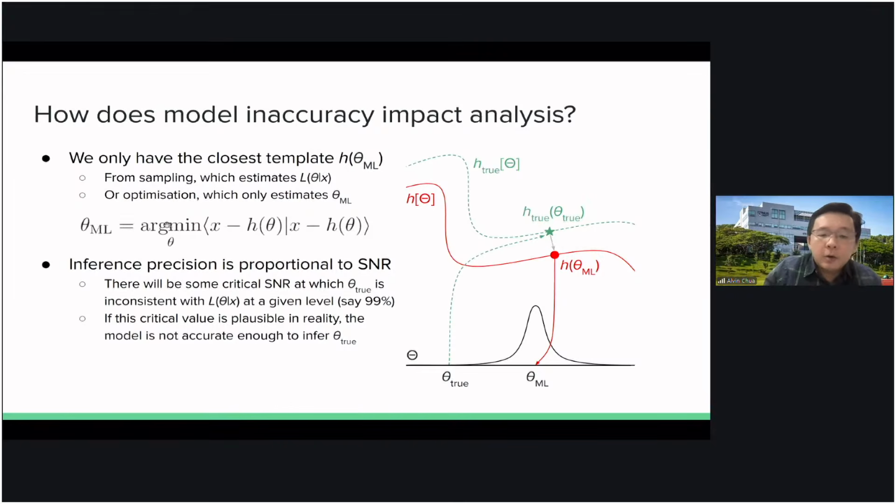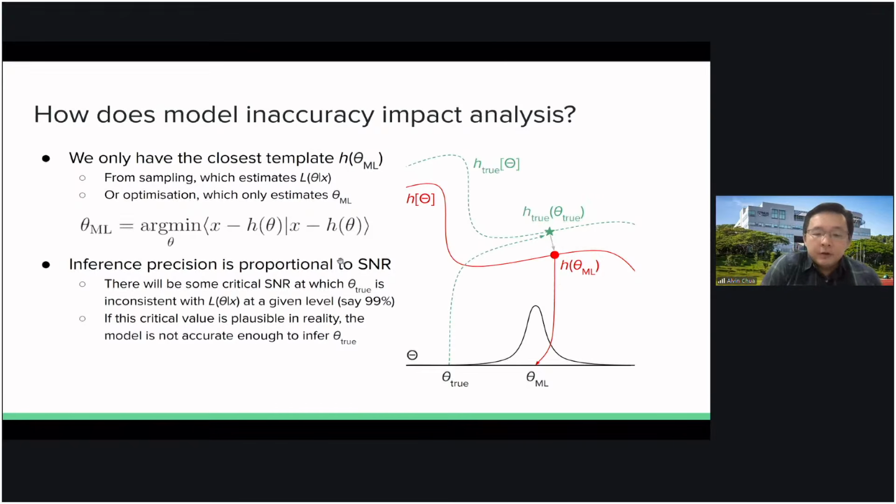Theta ML by definition are these parameters such that H of theta ML, here, this red circle, minimizes the distance between the signal and the model. So you can see for yourself that the closest point on the red curve is H of theta ML.